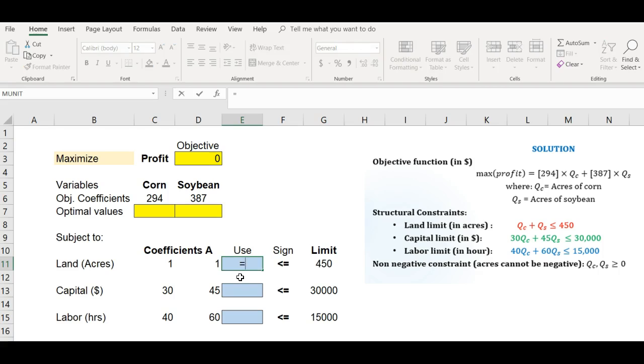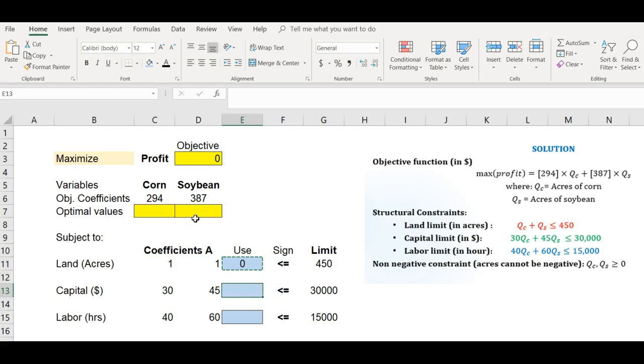We multiply the coefficients of the first constraint with the optimal values. Because we will use the same cells for the optimal values, we can use the $ sign to block these cells.